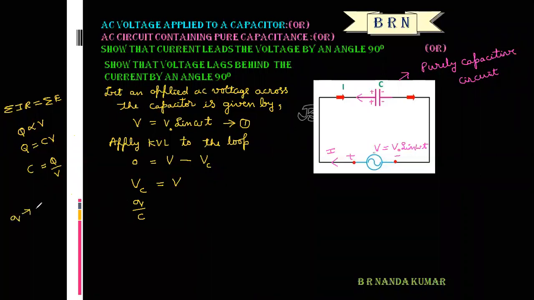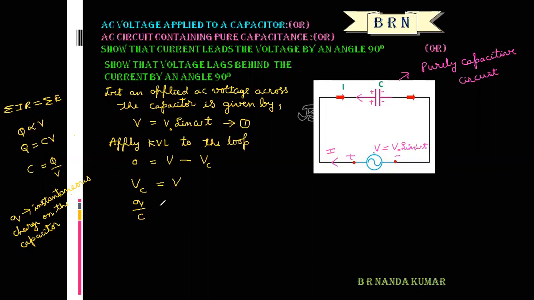Here small q is the instantaneous charge on the capacitor. What is the meaning of instantaneous charge? Instantaneous charge means the charge on the capacitor at any instant of time.